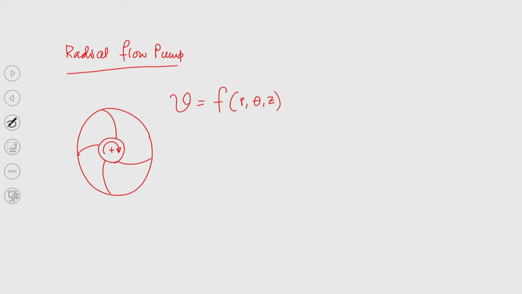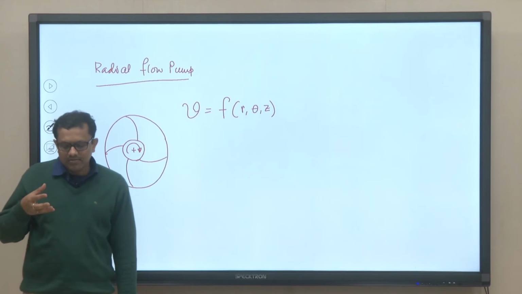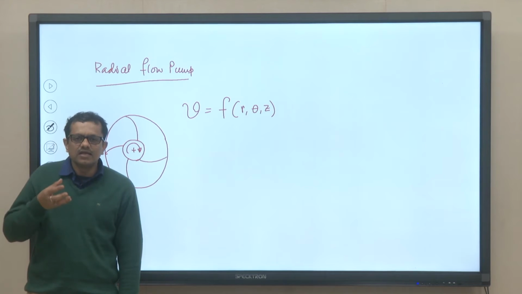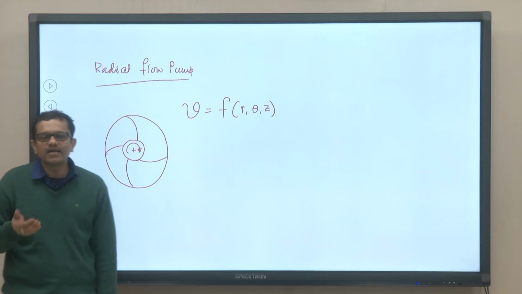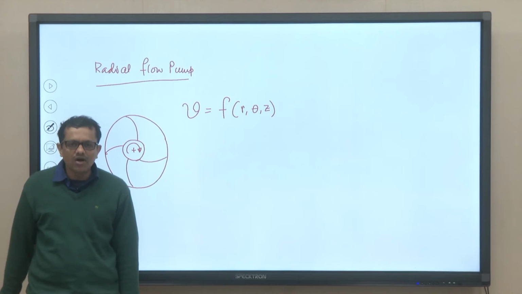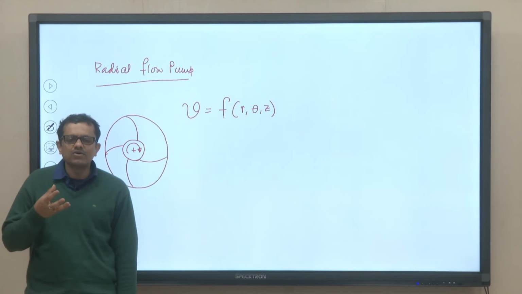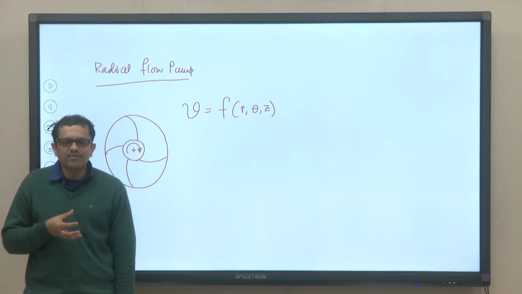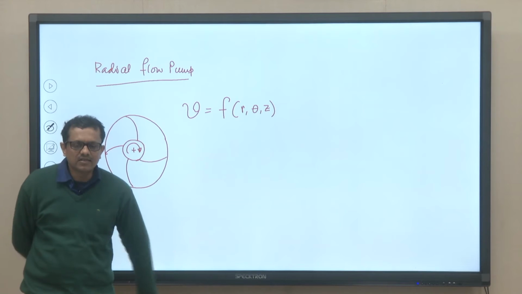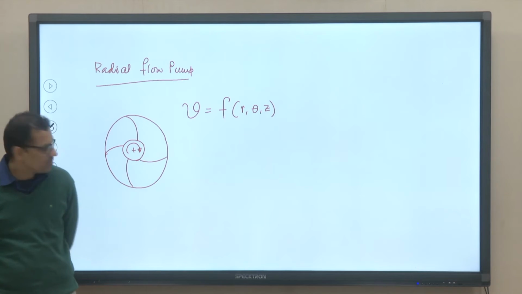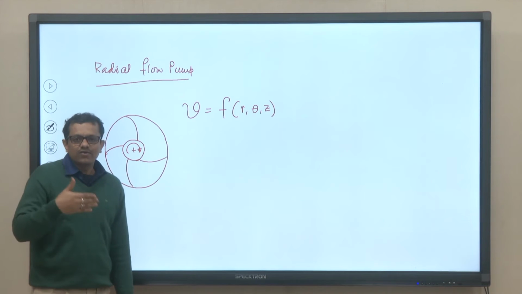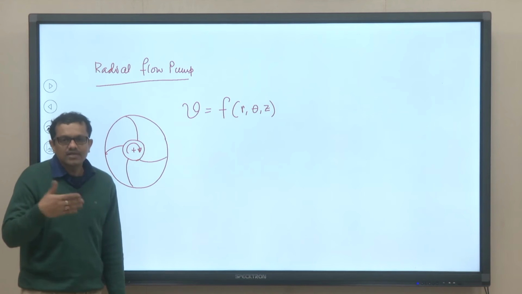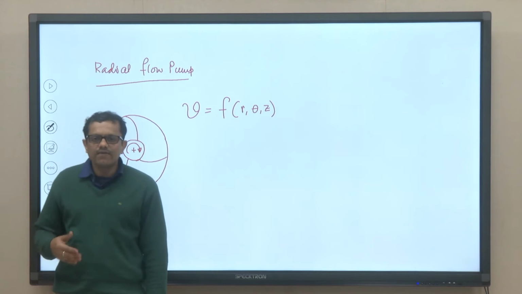Today we will be discussing the Euler equation, which is an important equation in the context of turbomachinery, used to know at least the theoretical head that will be developed by the pump, or if we use that amount of head in the case of a turbine, then we can see what will be the power developed by the turbine.